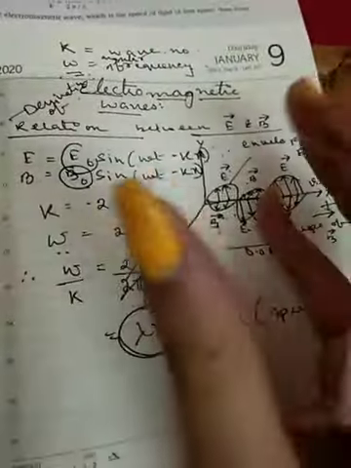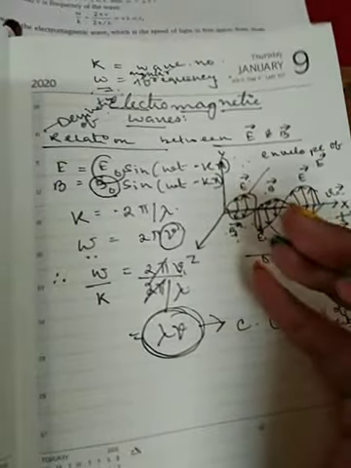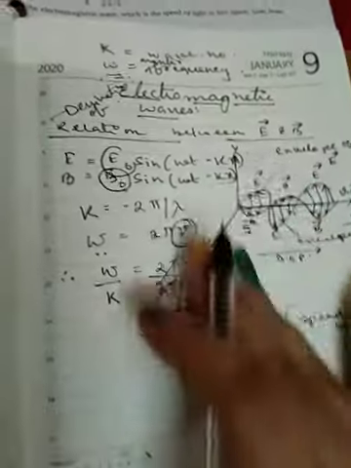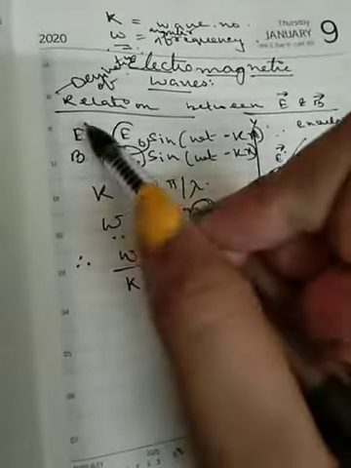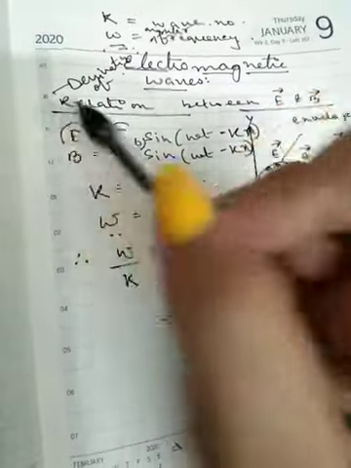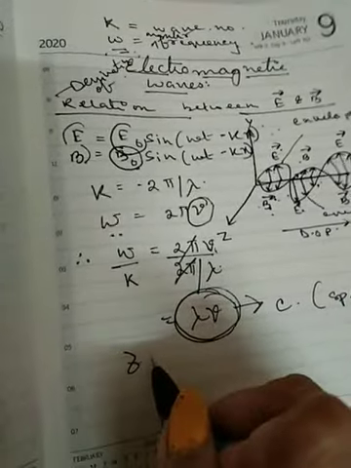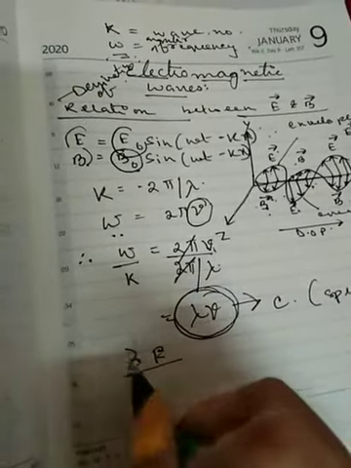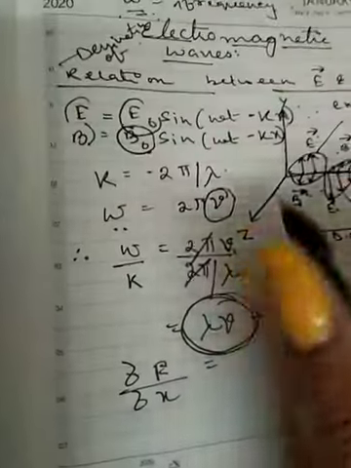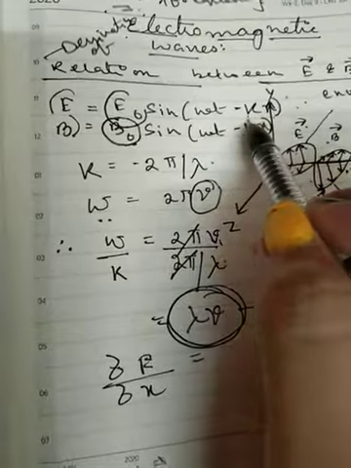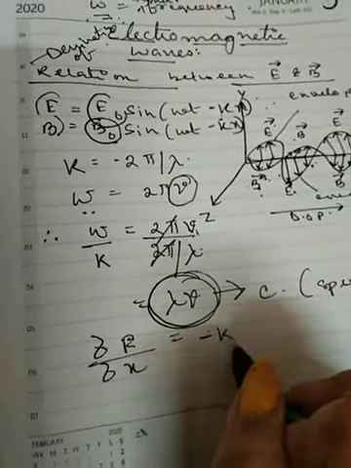Now girls, I have already told that we need to have a basic concept of mathematics on integration and differentiation while doing this derivation. So this is a very simple derivation, girls. Number one, here I will differentiate this E. Number two, this B. So differentiating E, that is del E by del x, differentiating with respect to x. What do I get? This k is a constant, therefore k comes out, therefore it becomes minus k, since it is a constant.